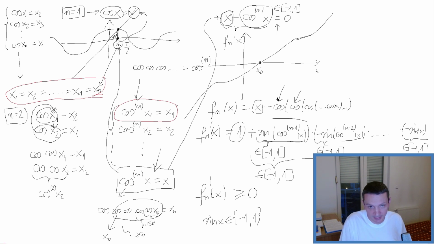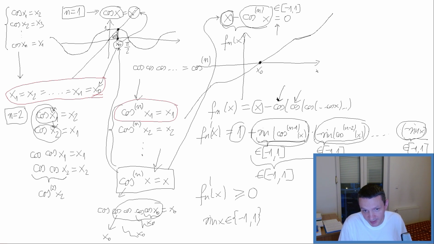So this first term can be minus 1 or 1 only in this discrete number of points, and all those terms should be minus 1 or 1 for us to expect that these derivatives can be equal to 0.